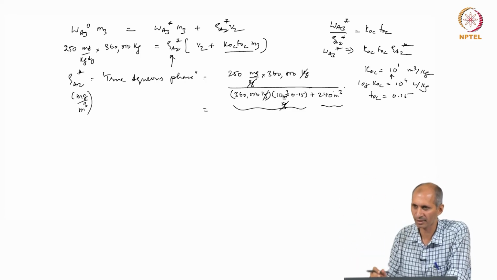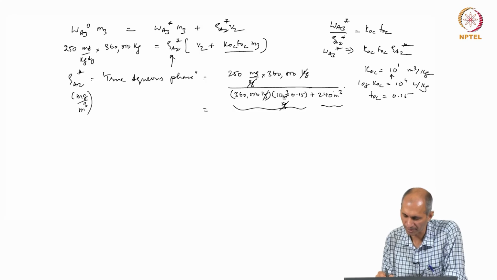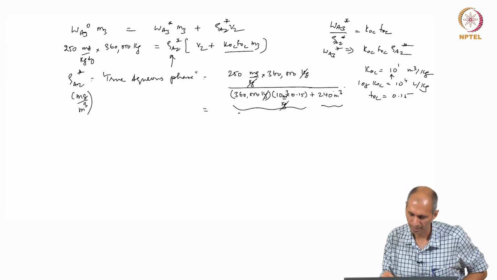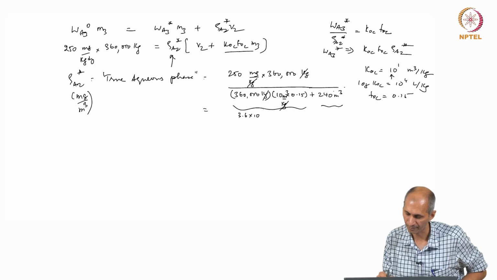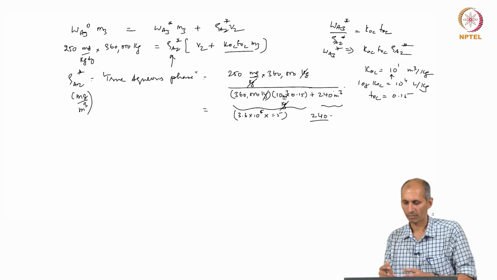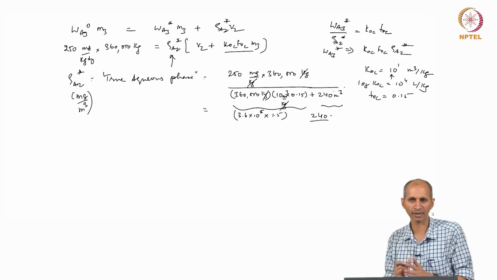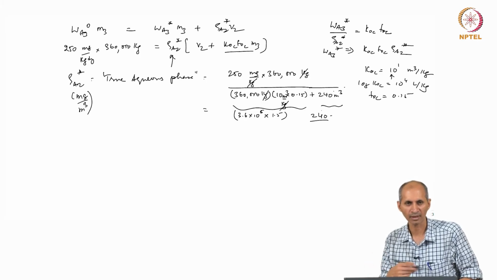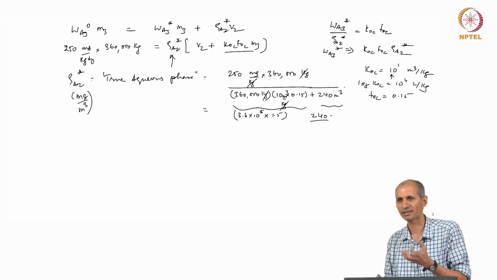If I take this and add, so if the order of magnitude of this for example is 3.6 into 10 raised to almost 5 multiplied by 1.5, so the order of magnitude is 10 raised to 5 and this is 240. For this to significantly distribute itself into the water, you need to have a lot of water. You keep adding more water and more water, then the water increases its capacity. The capacity to take chemical in the water becomes higher and higher.